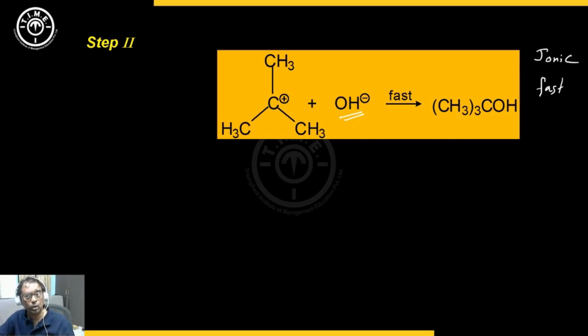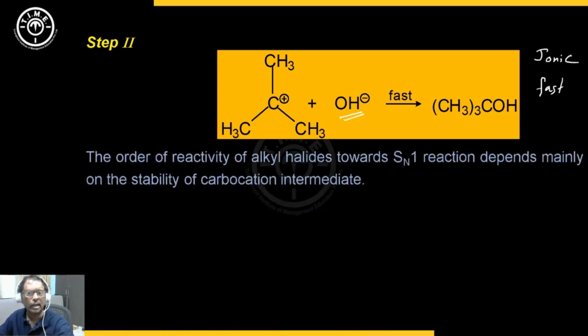In the second step, there are 2 reactants, but the rate is not dependent on this. If this was a slow step, then it would have been a bimolecular reaction. But because the previous step is slow and we had only one molecule participating, it became an SN1 mechanism, unimolecular. Clear?